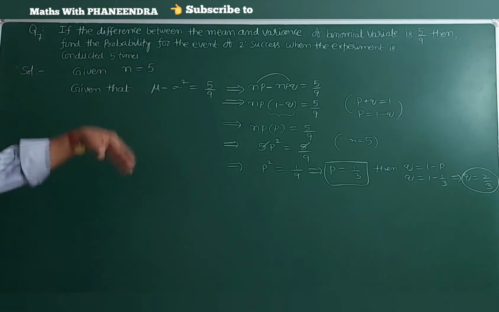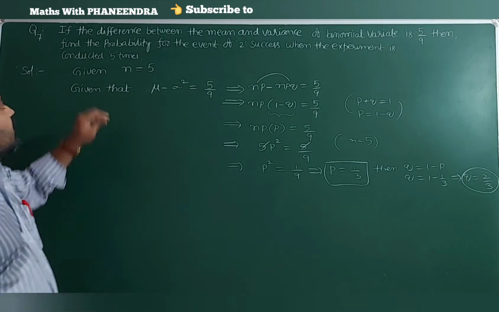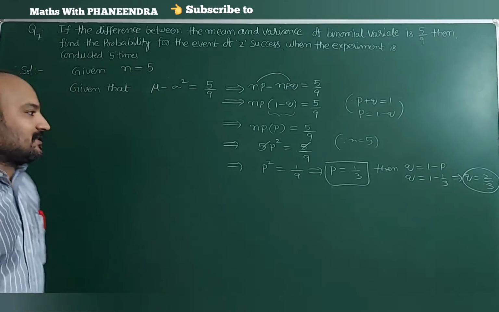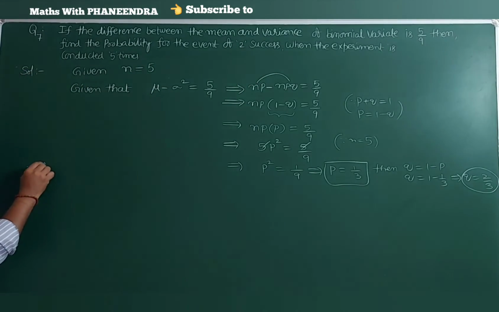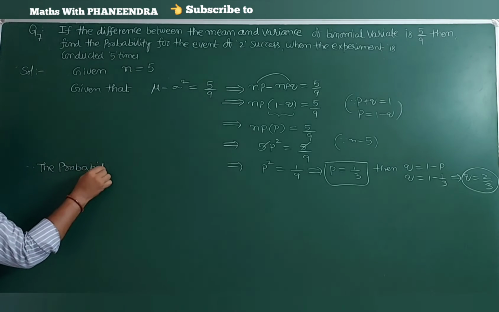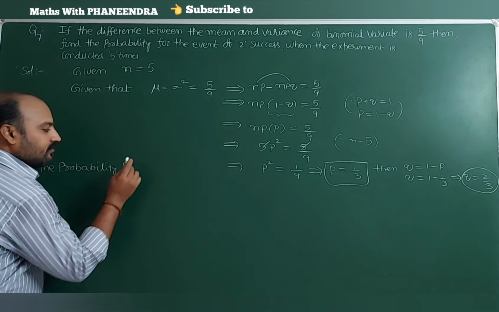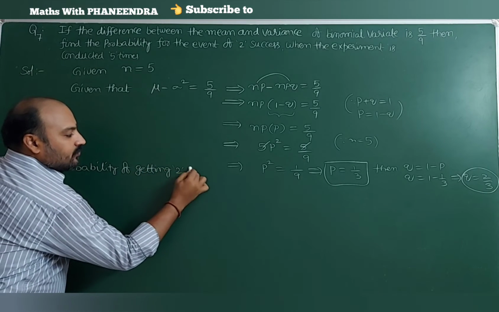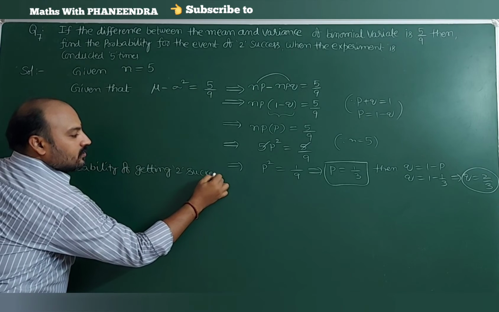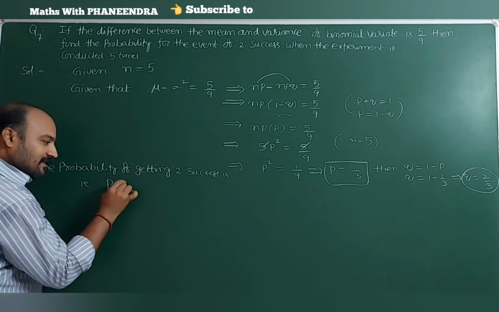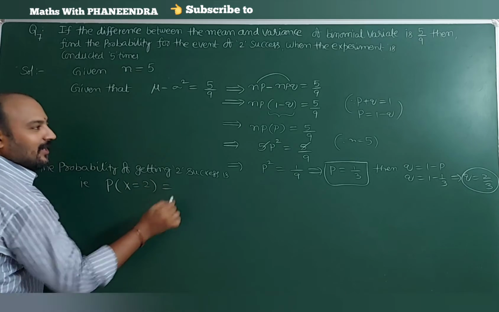p value, q value we got it, and n is equal to 5 also we got it. Next, the probability for the event of getting two successes. So therefore, the probability of getting two successes, that means P of x is equal to 2, we need to calculate.